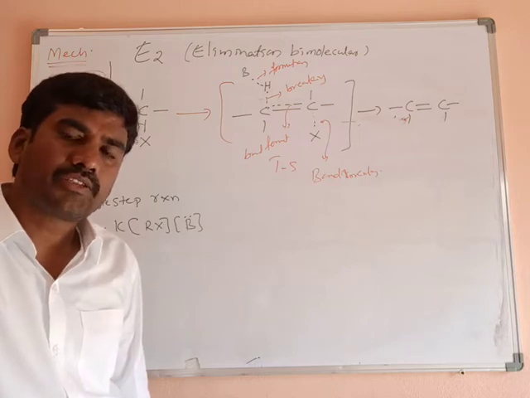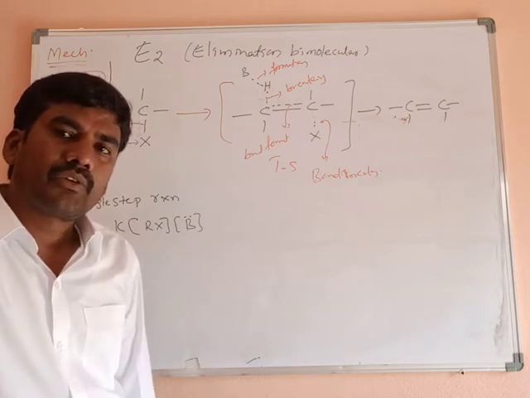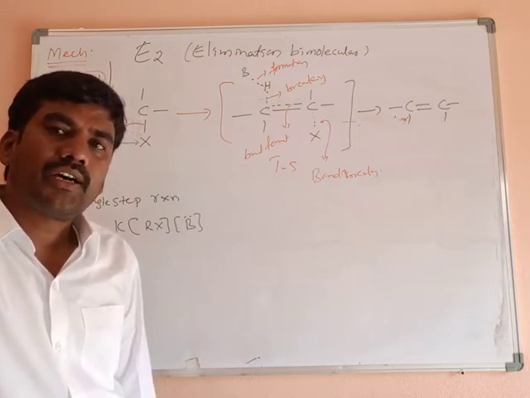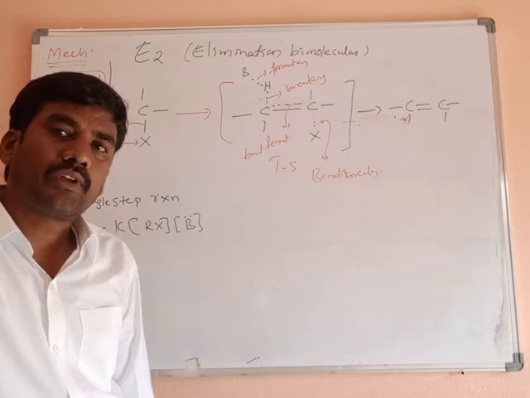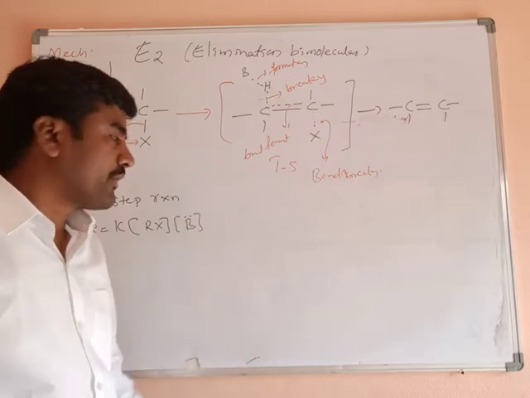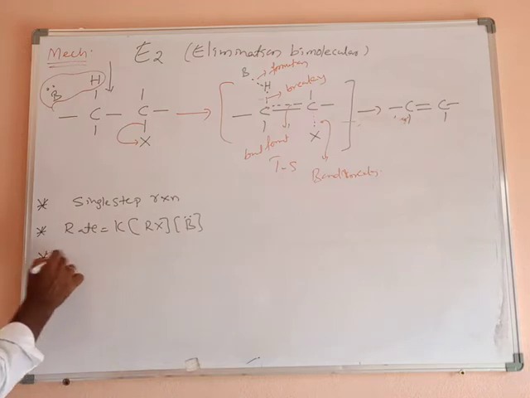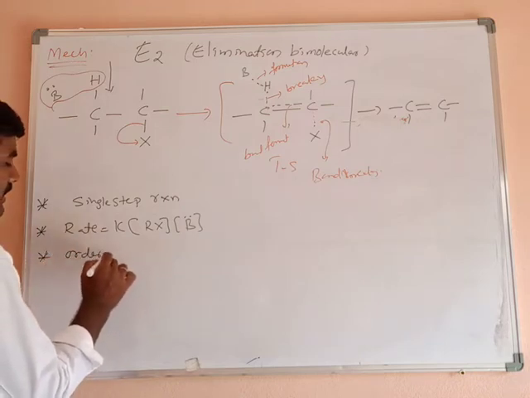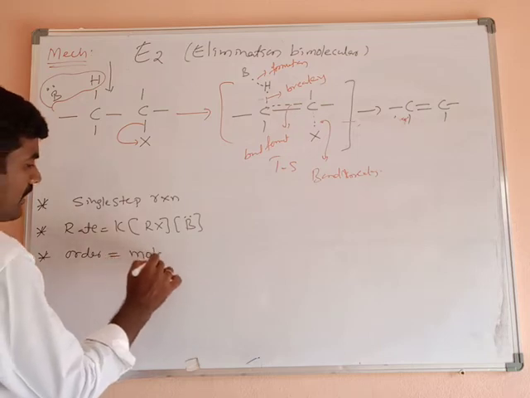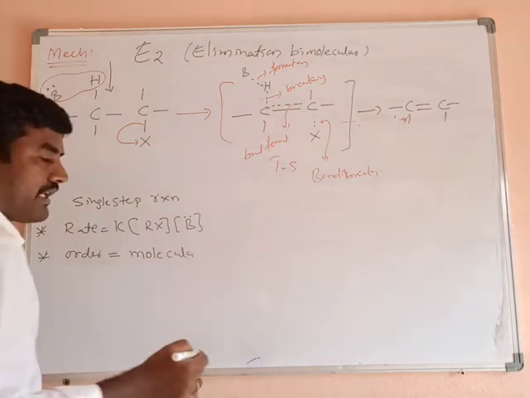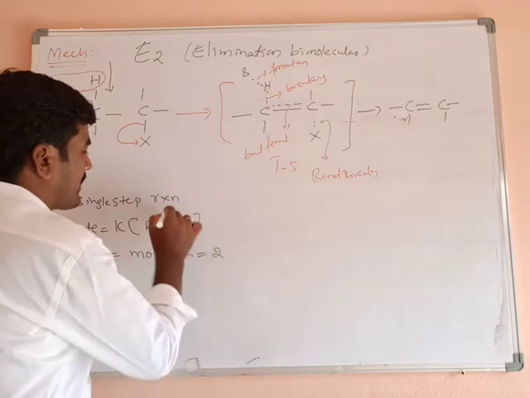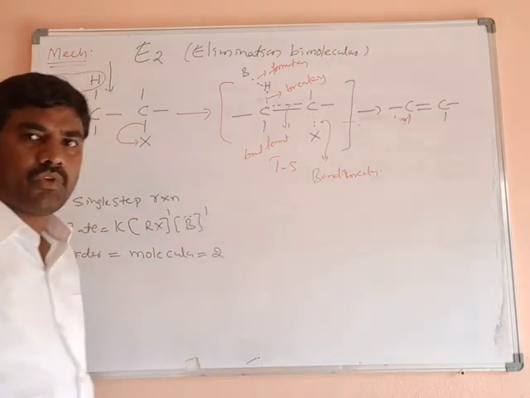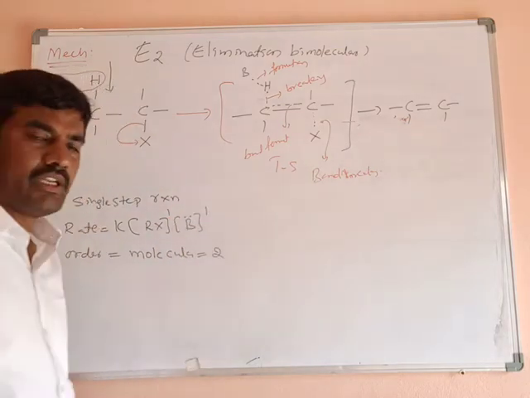In SN2 mechanism, rate is equal to K into concentration of alkyl halide and concentration of nucleophile. Instead of nucleophile, your base will come. Now the order and molecularity: order is equal to molecularity, is equal to molecularity of the RDS, is equal to 2 because 1 plus 1 is there. Order and molecularity of this reaction is 2.